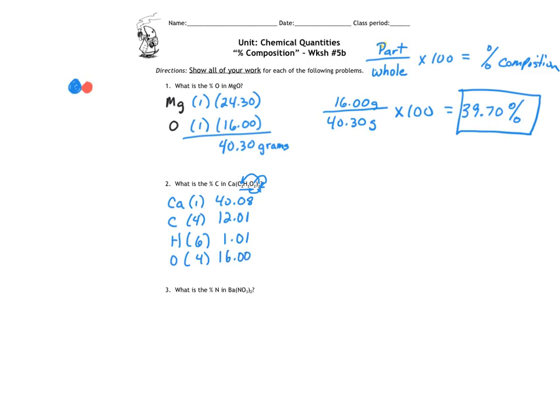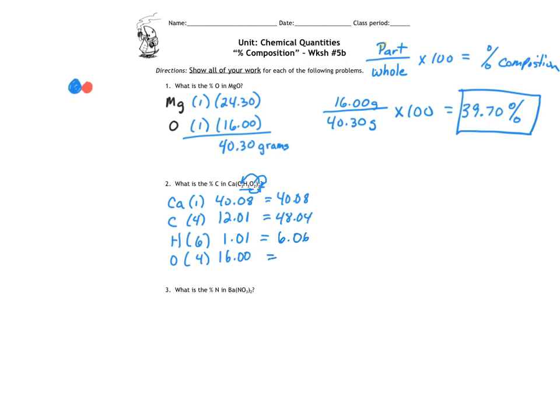Now, you can notice that I've got all these different numbers here, so I really am going to calculate these and get a final total. So calcium is 40.08 because it's times 1. My carbon is going to be 4 times 12.01. That's going to give me 48.04. 6 times 1.01 is going to be 6.06.